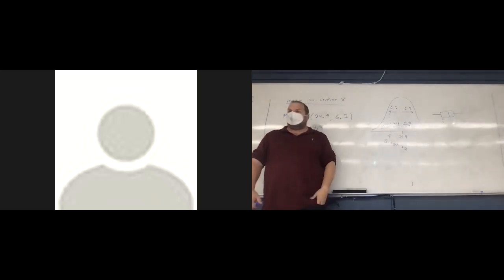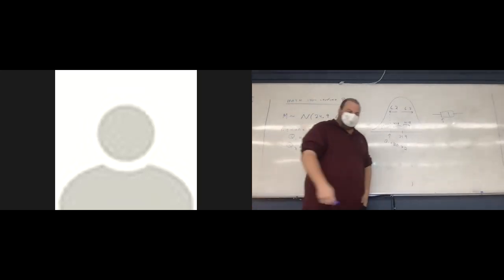I don't know why you would want to find it twice. One way gives you the answer. Find Q1, you do 25% to the left. Find Q3, you do 25% to the right, or 75% to the left. You're finding different things.